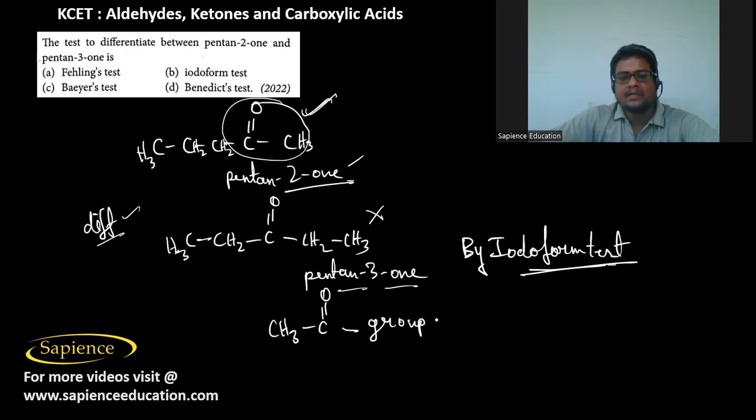And as we know, only those compounds which have the CH3CO group at the end of the carbon chain will give the iodoform test.